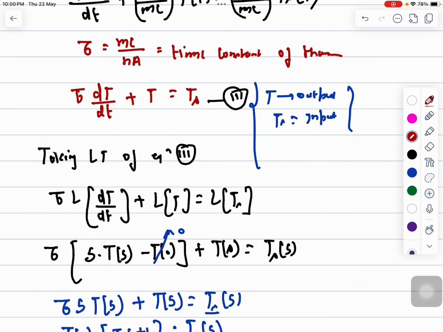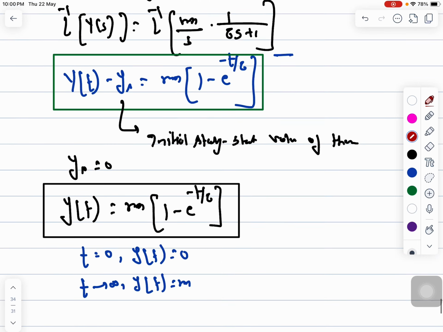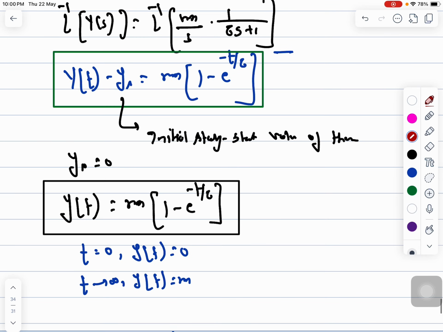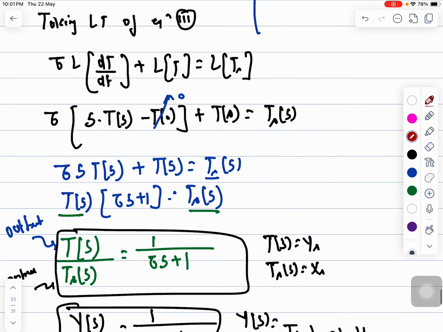And once you substitute the initial condition and solve using the Laplace transform, you will get the transfer function Yt equals m into 1 minus e to the power minus t by tau, where m is the step input of magnitude m, and tau is the time constant of the mercury thermometer, which is equal to mCp divided by hA.